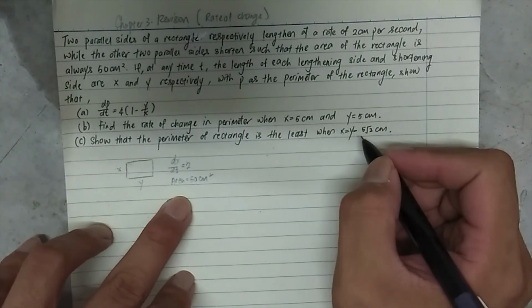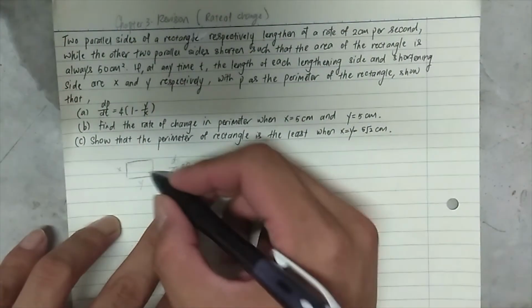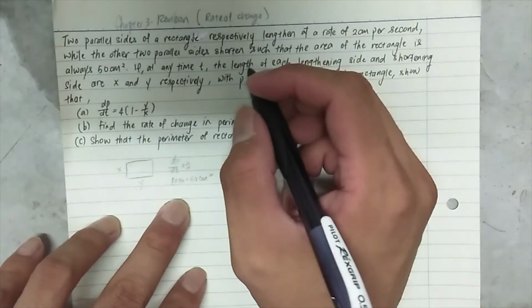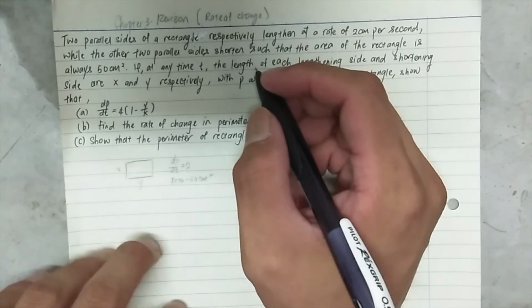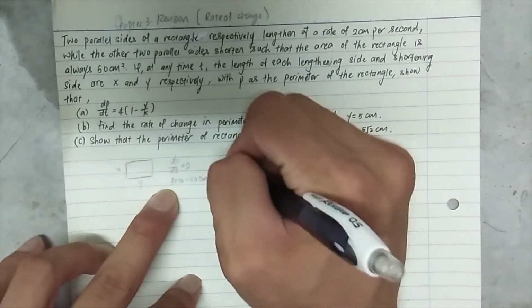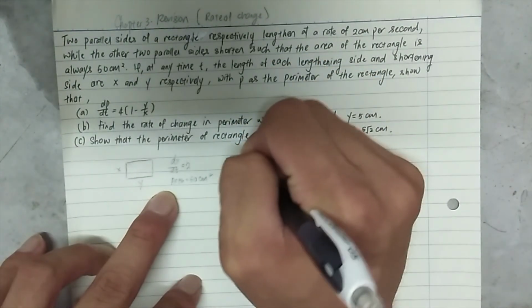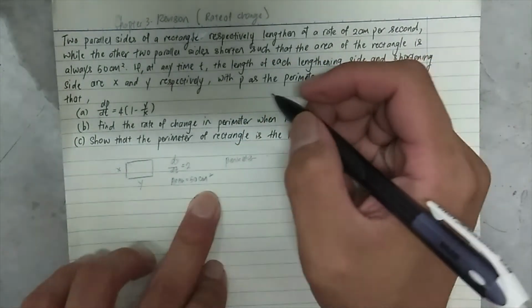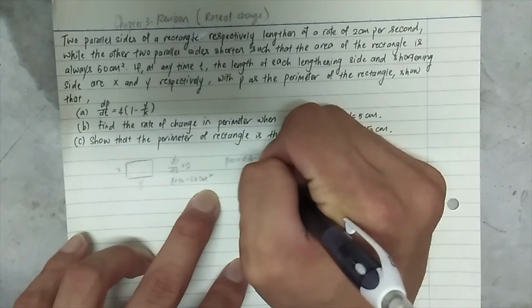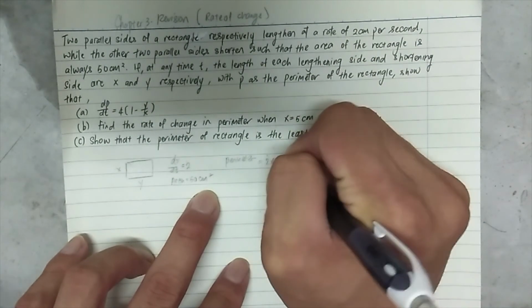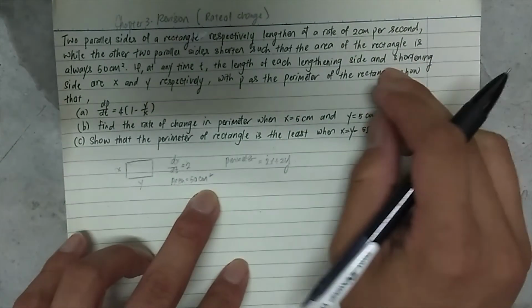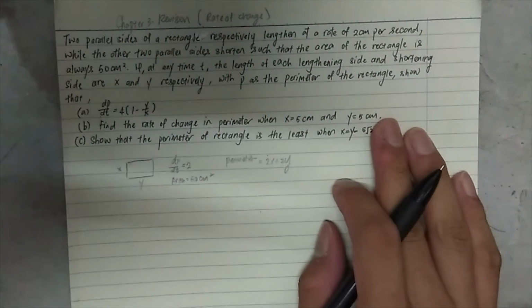From this diagram, we can see that the perimeter is equal to 2x plus 2y.